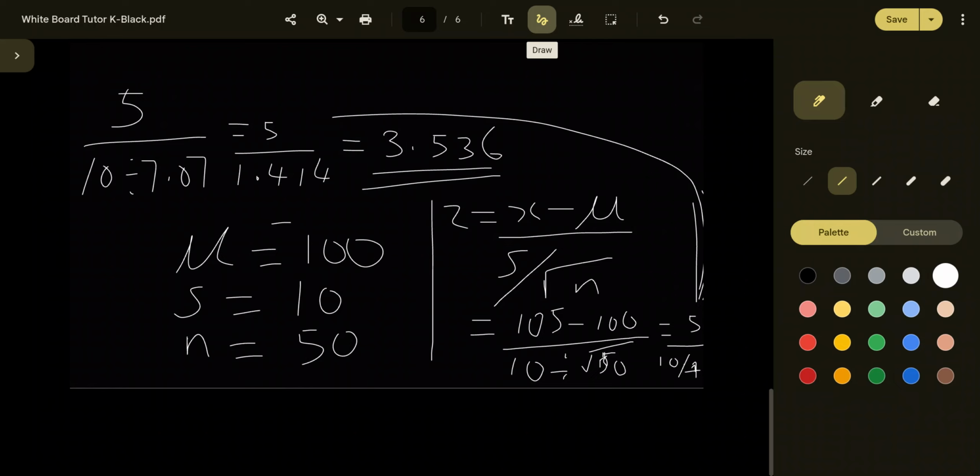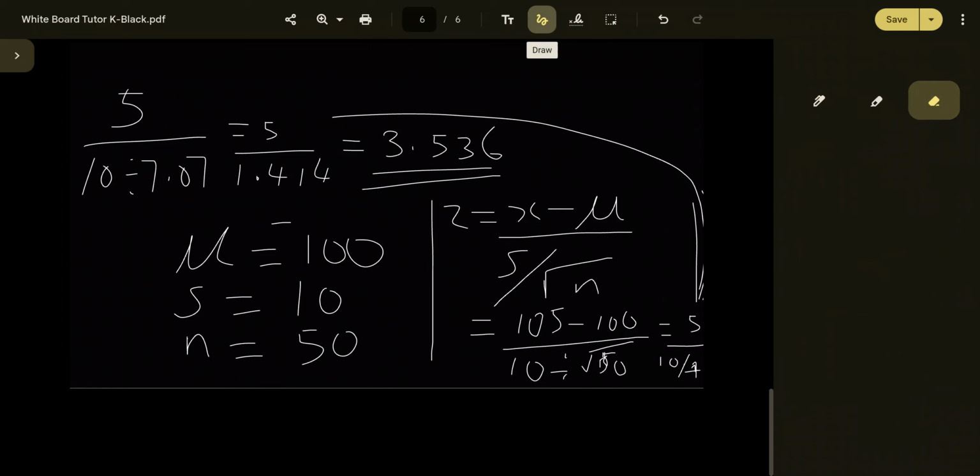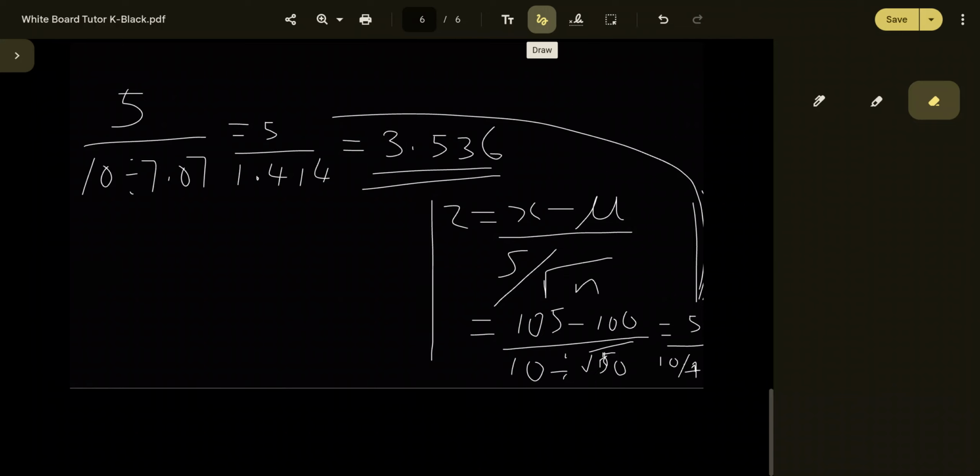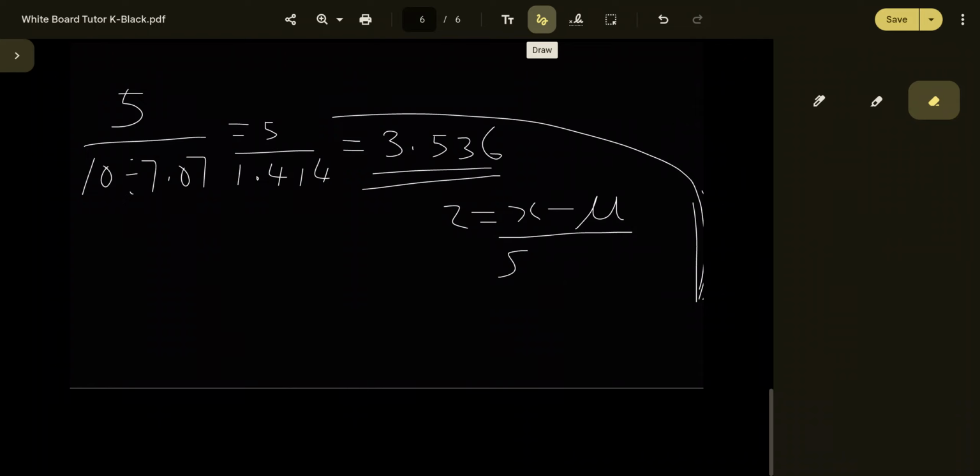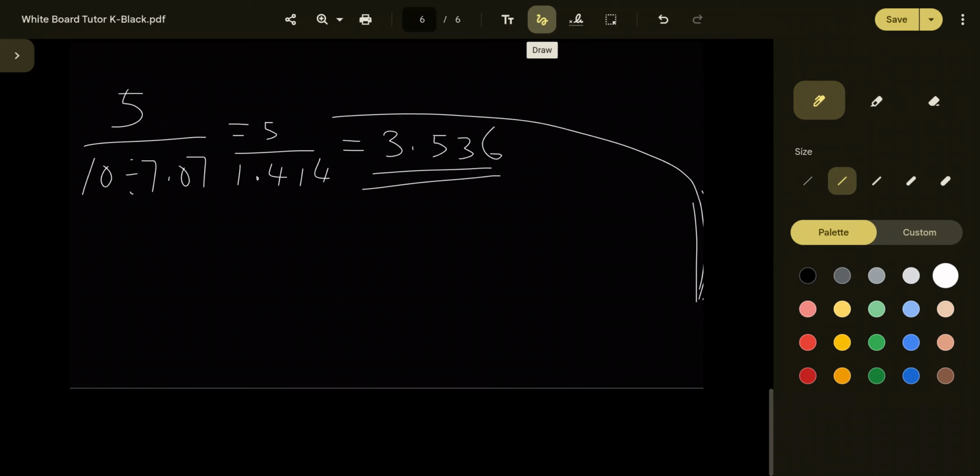Let's determine the critical value or the p-value. Okay, so now let me just erase here a bit. So now we've calculated the test statistic. Hope you are following closely. So now let's look at step 4.